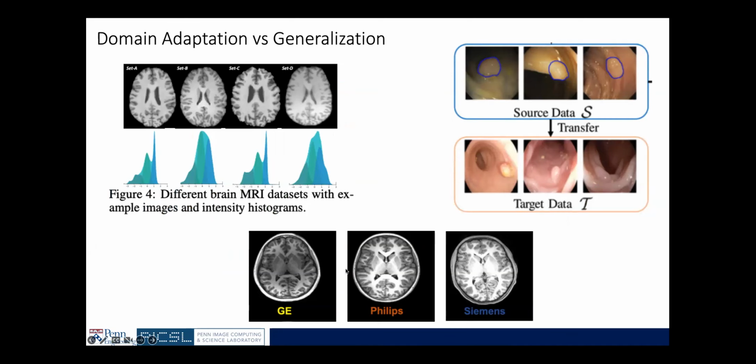Now, if I train a network on only GE and Philips to segment the brain, it might very well be the case that the network fails to give good segmentations when tested on the Siemens scanner, right? And again, some colonoscopy data where you have different light distributions of blue and white. And again, brain images coming from different data sets also have different distributions.